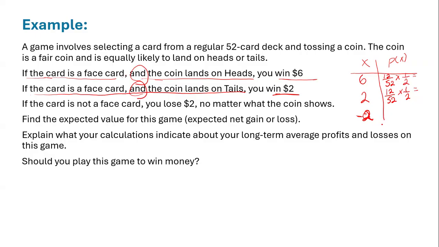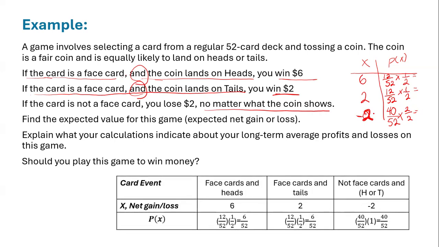Out of the 52 cards, if 12 of them are face cards, that means 40 of them are not face cards. So the probability of getting a card which is not a face card is 40/52. And it says no matter what the coin shows. That means the coin can show a head or tail. It doesn't matter what it shows. That means it's 2/2, which is 1. And the answer is the probability for losing $2. And if you put them in the table, you will have a probability distribution.